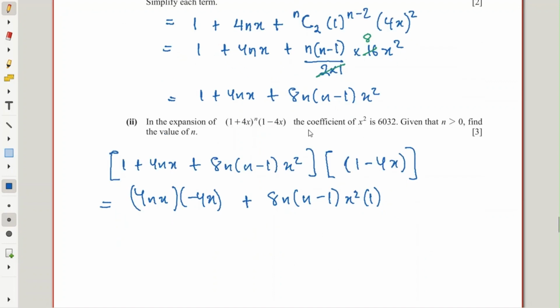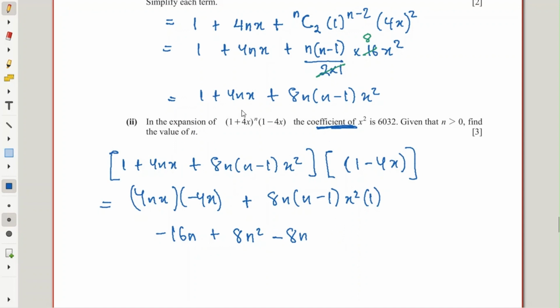But you are interested in the coefficients. So this is the same as negative 16n. I'm focused on the coefficients, so I'm not bringing the x squared. And this will give me 8n squared minus 8n.